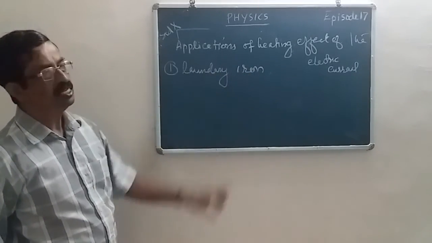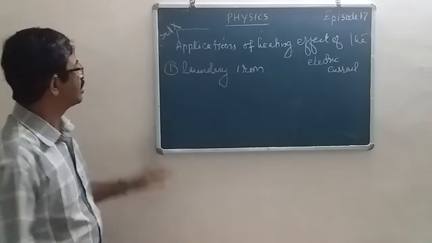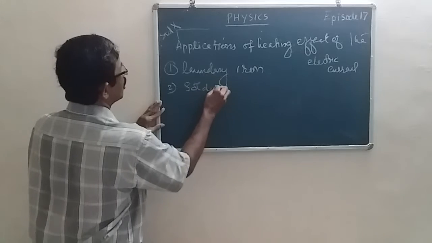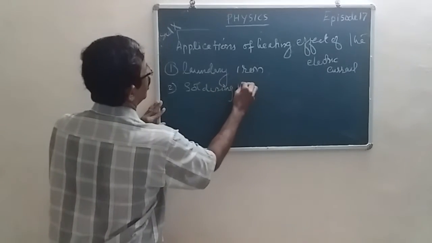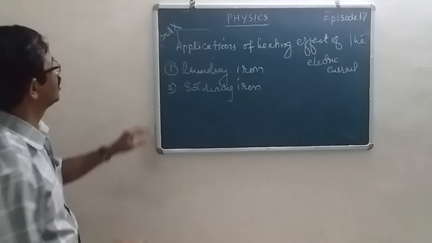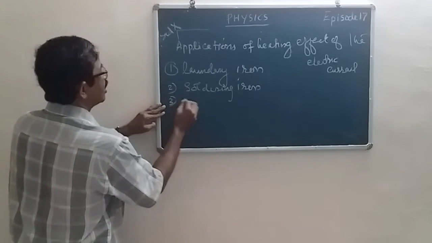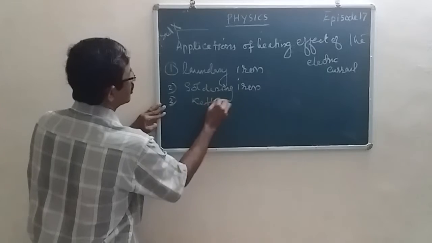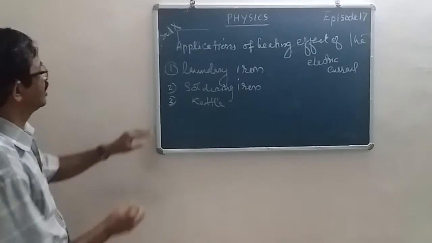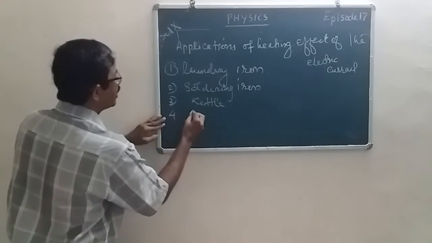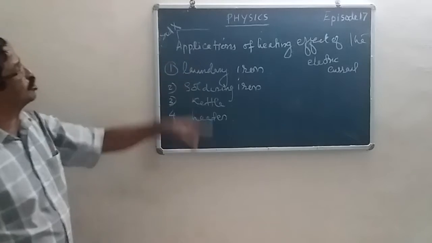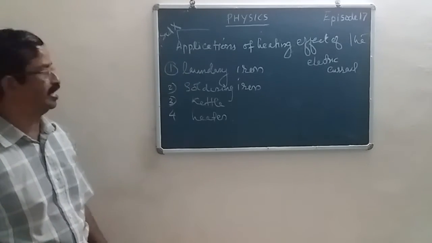Second, in soldering iron we use the heating effect of electric current. Then electric kettle, we use the heating effect of electric current. Then electric heater, we make use of the heating effect of electric current.